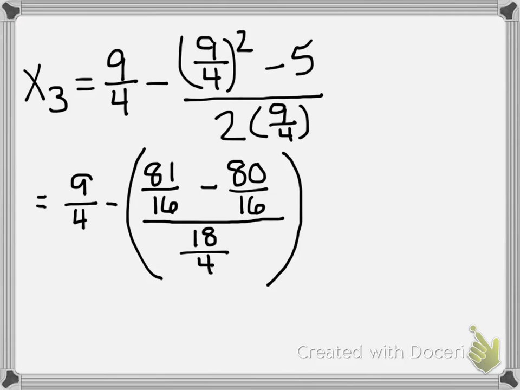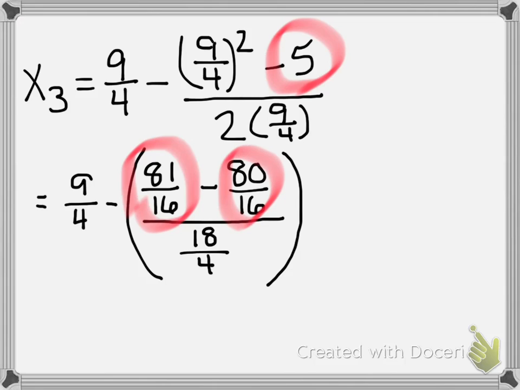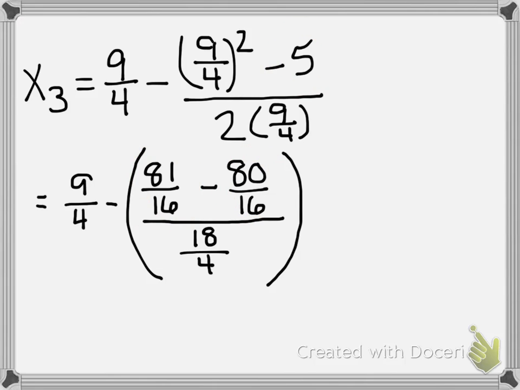And since you have a fraction now, you need to have a common denominator so that you can actually subtract them. And so 5 is actually 80 over 16, and your 16s are your common denominator right here. So we know that's right. And then our denominator, which is 2 times 9 over 4.